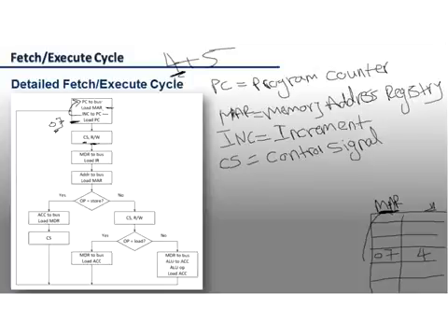So now we need to read. What is the data? We need to read it. So to read it, now we go to the right-hand side of the memory, which is the MDR, which stands for memory data register.